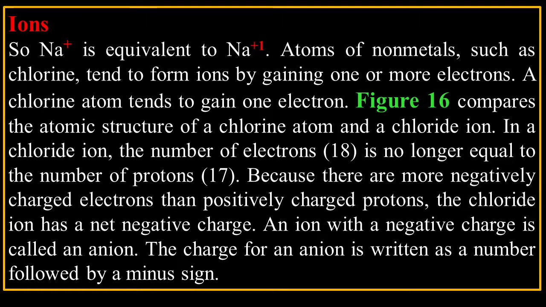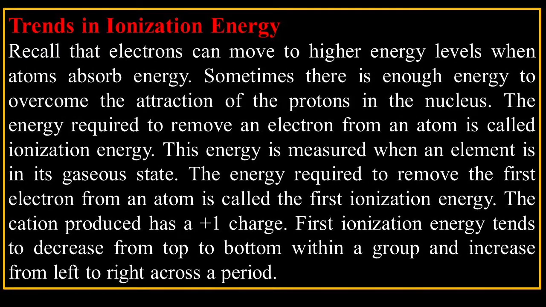Because there are more negatively charged electrons than positively charged protons, the chloride ion has a net negative charge. An ion with a negative charge is called an anion. The charge for an anion is written as a number followed by a minus sign, or I simply like to use an integer and say -1.